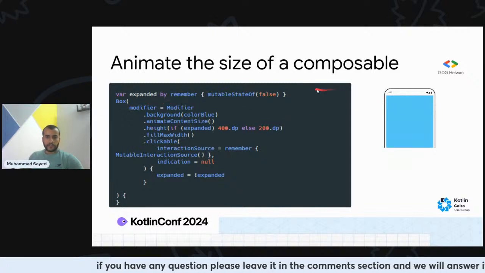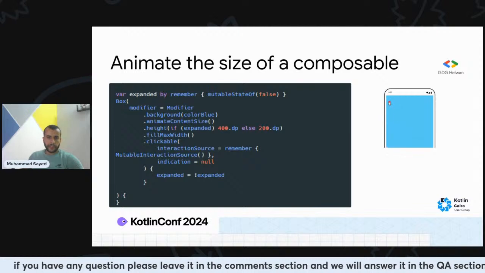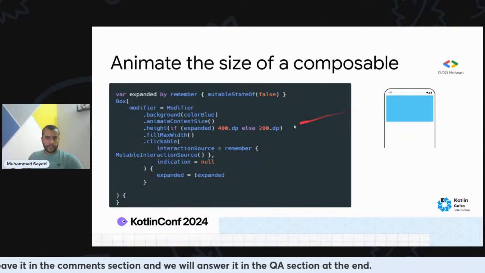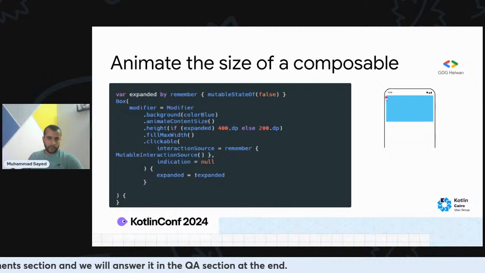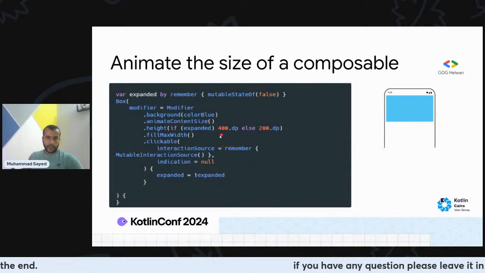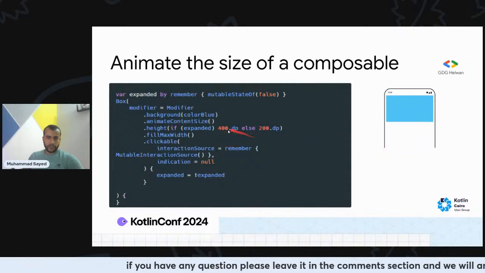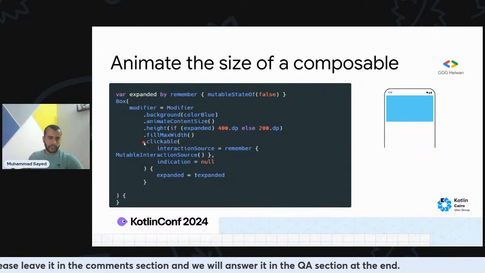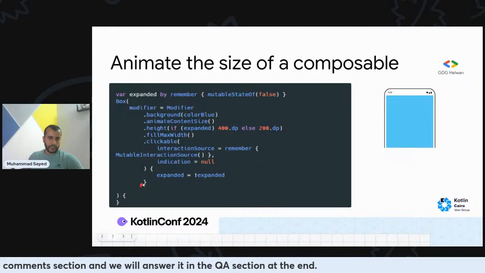Moving forward, I believe now it's more understandable for you that we are again using a boolean, but for now we are going to control the size of the composable. Controlling the size, what I mean is, in this example, we are animating the height from a certain value to another one, from 200 to 400 dp, and also vice versa, based on a certain boolean if it changed on a certain action. As we can see here, we are changing this on a certain user click.